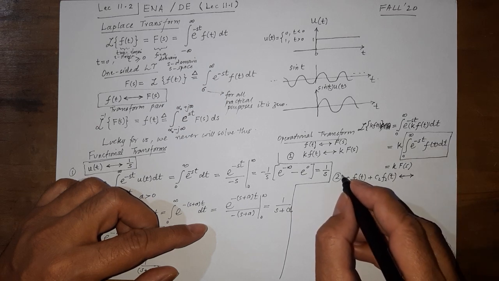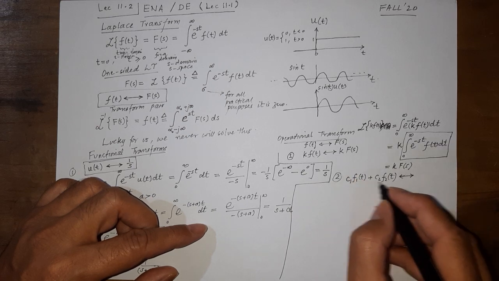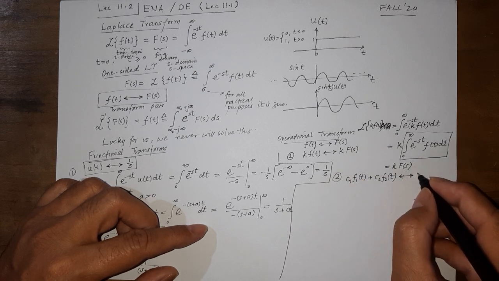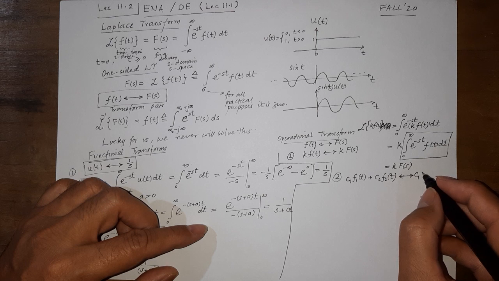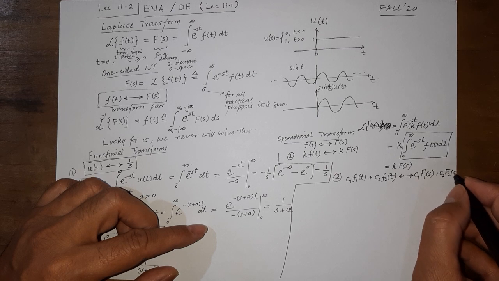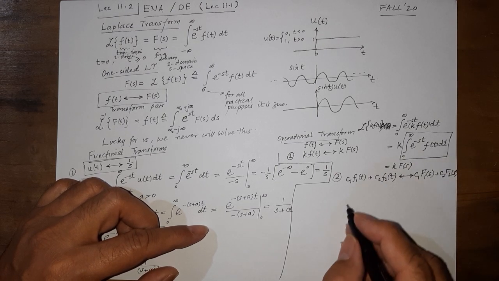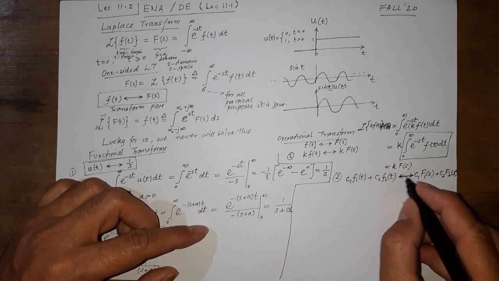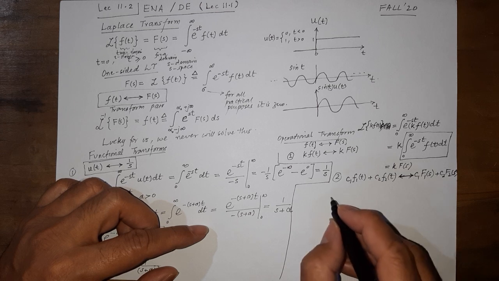You can well imagine that if we apply a Laplace transform to this side, then we are going to get, and you can easily prove that, C1 F1(s) plus C2 F2(s). So it's linear, and this is why we can use that in analyzing linear circuits.